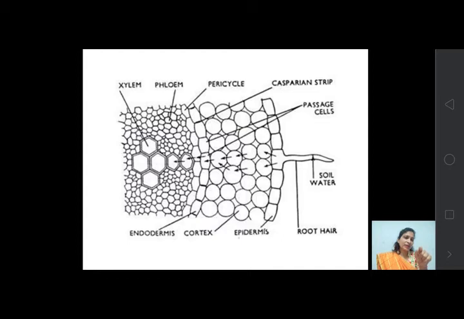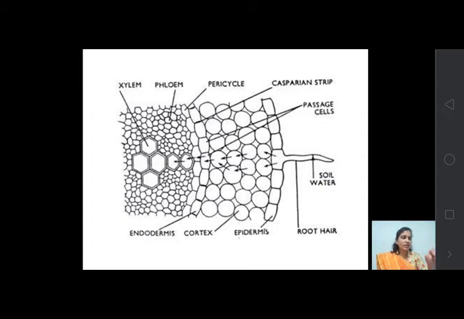You can see the epidermis or the epiblema of the root. This epiblema contains hair-like projections, that is the epidermal projections, known as the root hair, and this root hair comes in contact with the soil water. So when these root hairs absorb the soil water, it passes to the epidermal cell.